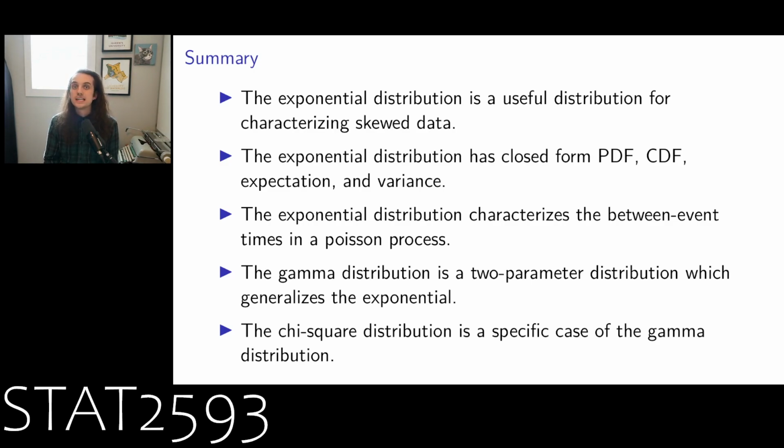The gamma distribution is a 2-parameter generalization, for which we can write down the PDF, CDF, mean and variance, but the PDF and CDF both rely on these gamma functions or incomplete gamma functions, which are a little bit more cumbersome to work with. We also saw that the chi-square distribution is a specific case of the gamma distribution.